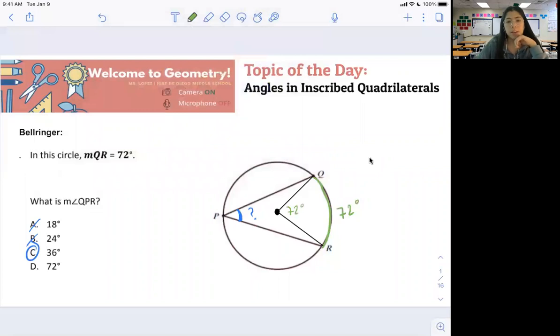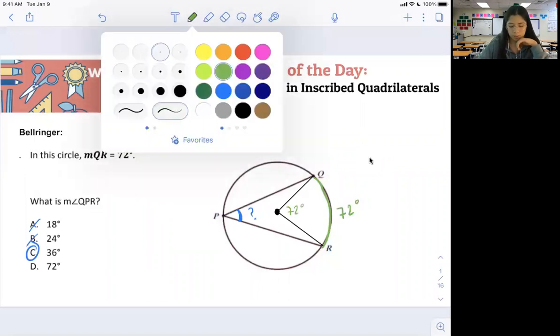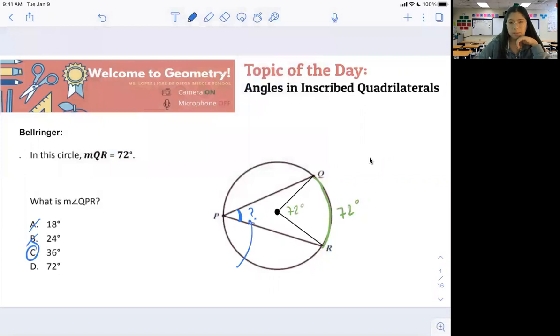Okay, but what's this called? Not central angle, but what's this one called? Inscribed angle. I'm talking about the angle.